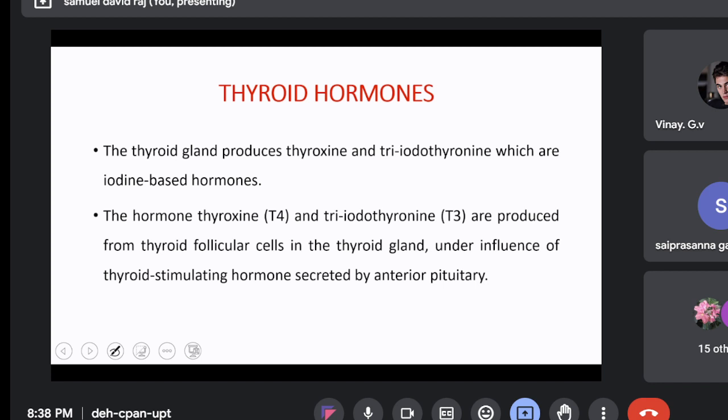I'm coming to the thyroid hormones. Leaving aside thyrocalcitonin, the main two hormones secreted by the thyroid gland are T4, also called thyroxine, and T3, also called triiodothyronine. Both are iodine-based hormones. That means without iodine, these hormones cannot be synthesized.